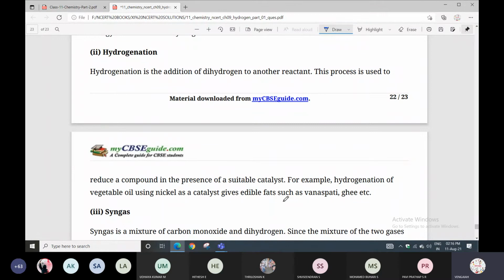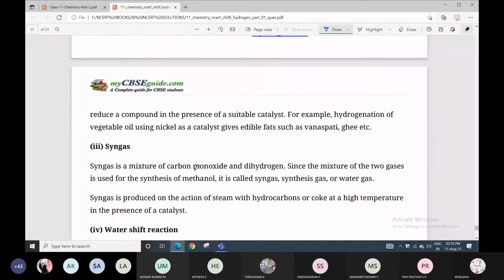That was just an example. Hydrogenation is the addition of dihydrogen to another reactant, used to reduce compounds in the presence of a suitable catalyst.